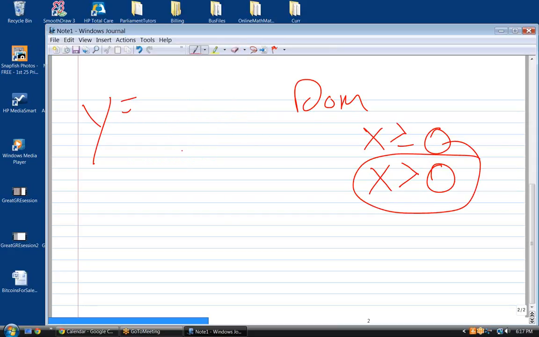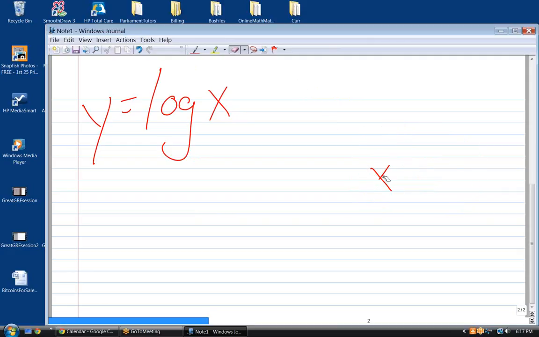Now, the last one that has a severe restriction on it are logarithmic functions. What's the domain on that? What can x be? What's the domain on x?